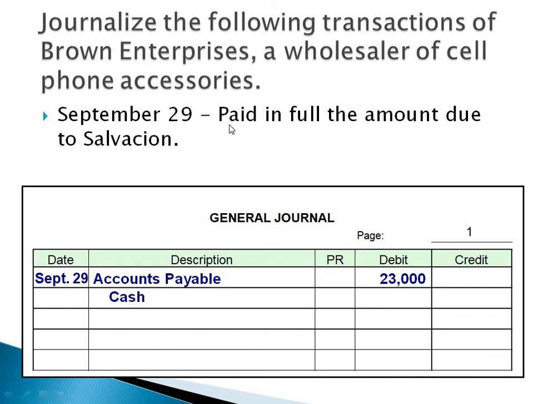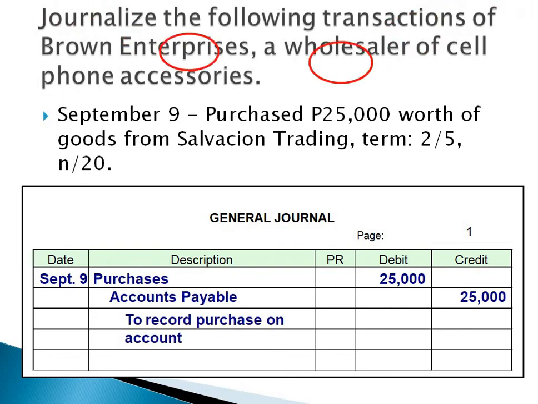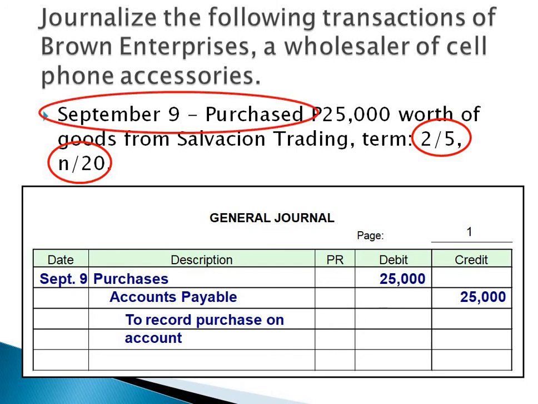Was the payment by Brown within the discount period? What's the term? 2/5, n/20. What was the date of purchase? September 9. From September 9, count 5 days. September 14 was the end of the discount period, right?